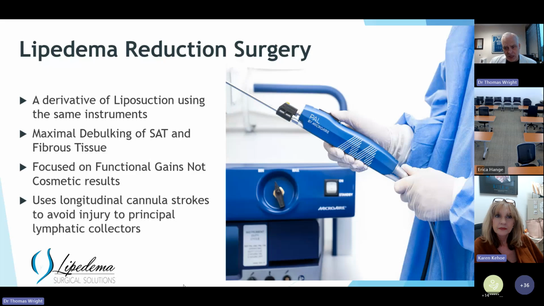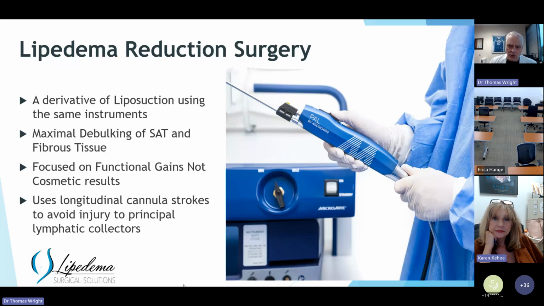Whereas in cosmetic surgery you remove only the optimal amount and leave some to get the best cosmetic result, here you're focusing on maximal debulking, and you want to remove not just the adipose tissue but the fibrous nodules that occur in lipedema. So it is focused on functional gains, not cosmetic results.